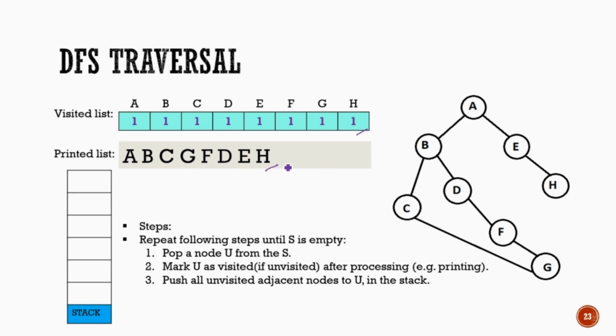Next we look for adjacent nodes of H and we see that there is no adjacent edge of H. So we look for other unvisited nodes in the stack and the stack is also empty, so our process is terminated. And we see that now all the nodes are visited.